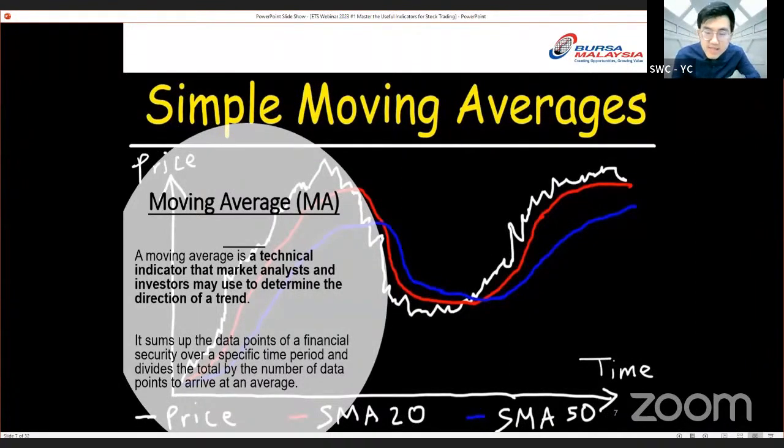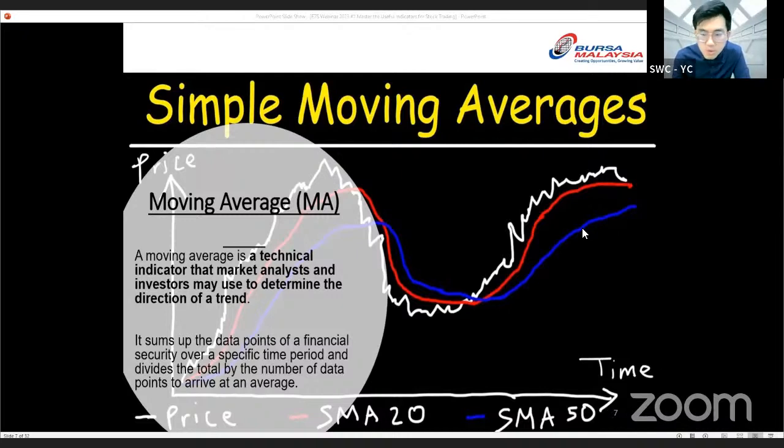This indicator is a confirming indicator. It's a lagging one, not a leading indicator, because the price moves first, then only it starts to calculate the average. So it is slower, just to confirm the trend. But it is useful for us to know whether the counter is in a good trend.